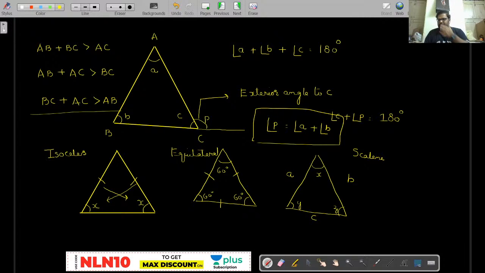Now all these basic points, most of you have learned. Now let us come to the next basic point. How will you find out the area of the triangle? That is the main crux here, right? So see here, I will draw the triangle here, ABC.